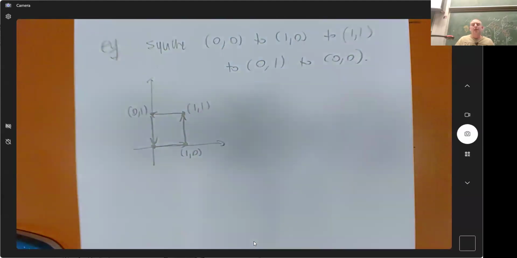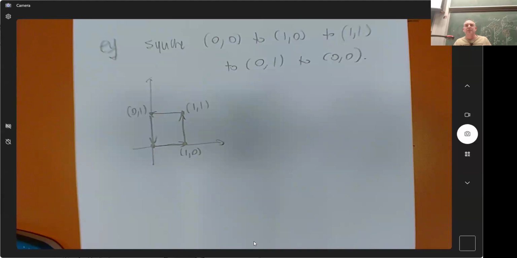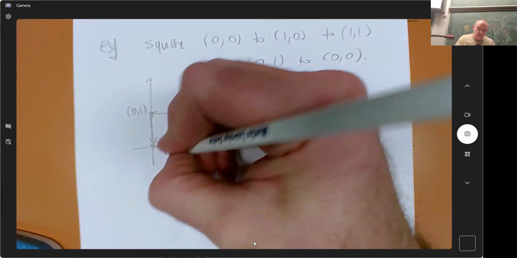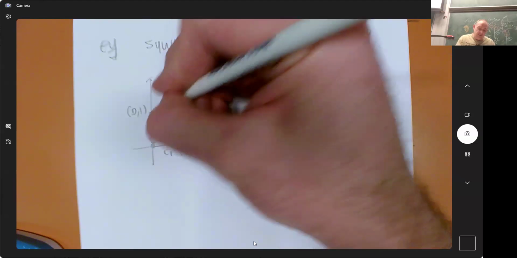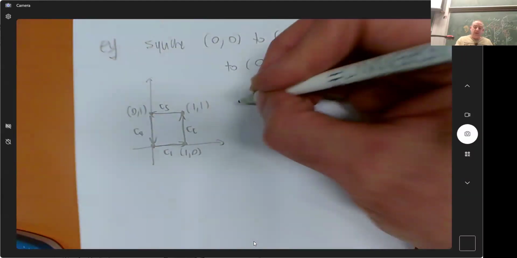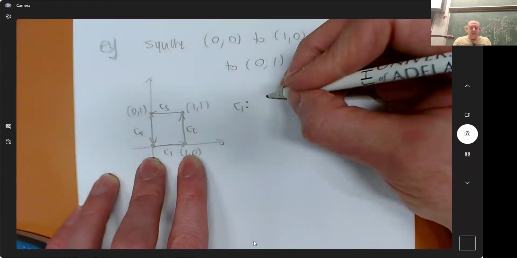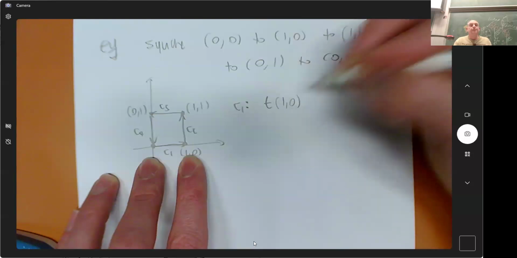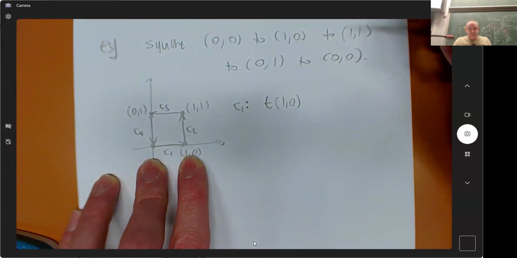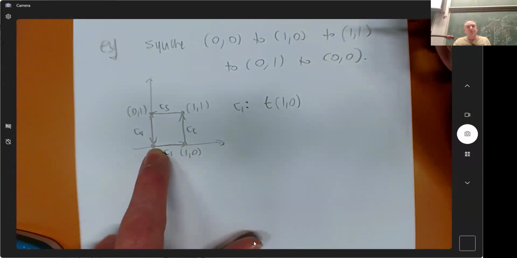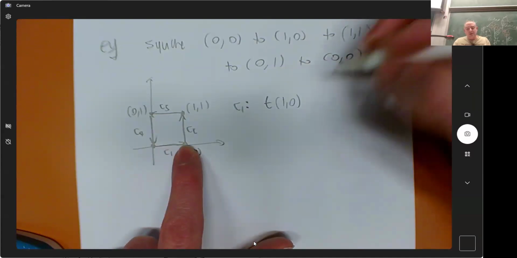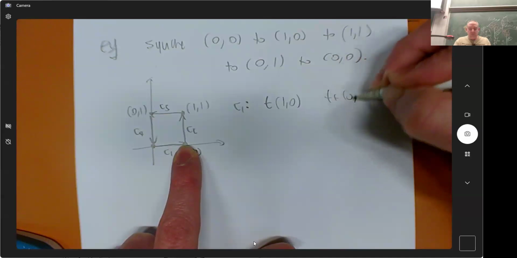Each edge will have to be parameterized separately. And so I can call these C1, C2, C3 and C4. And so C1 will be t times 1, 0, because I started at 0, 0 anyway. And I'll go some fraction of that journey for t between 0 and 1.